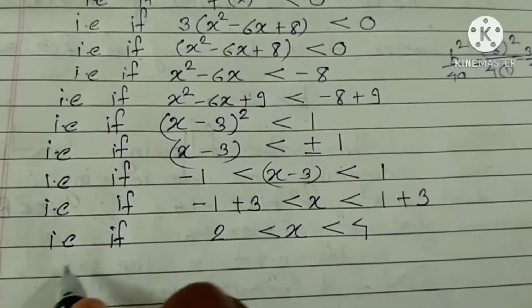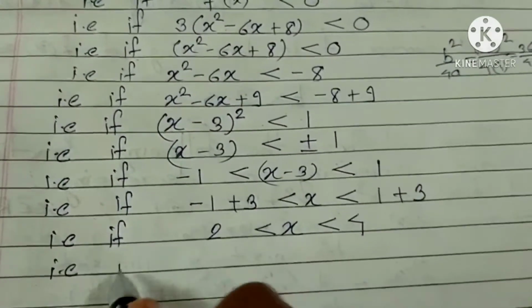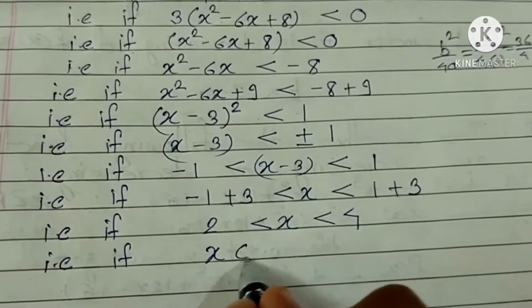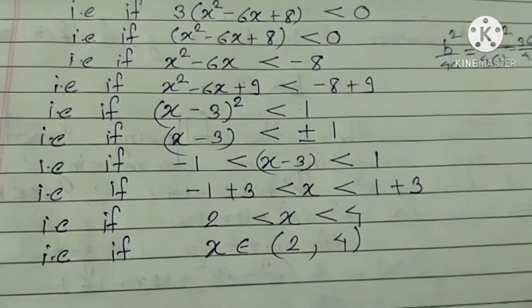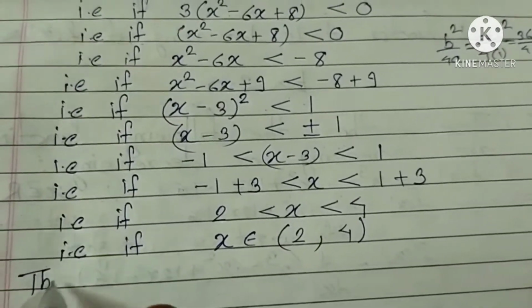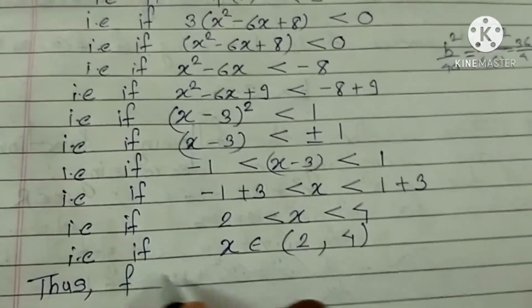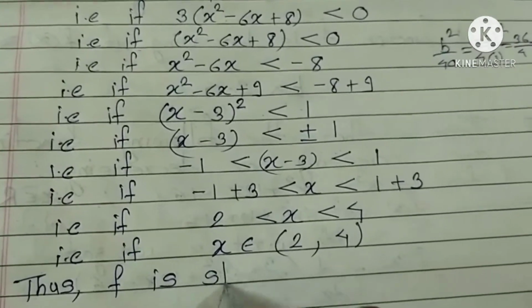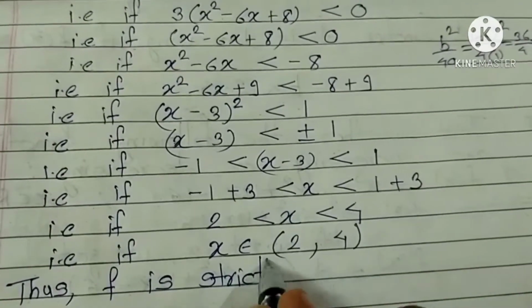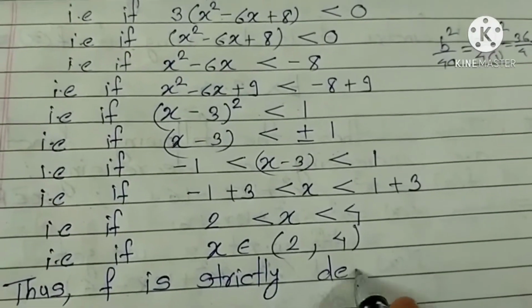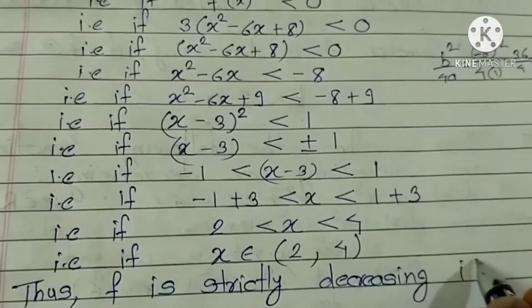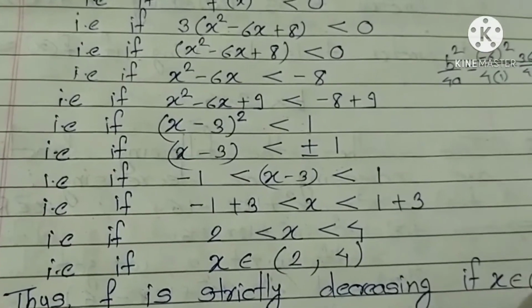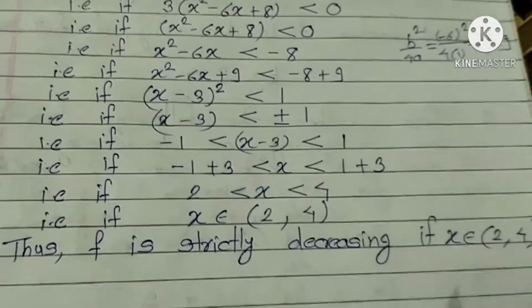So x belongs to the open interval (2, 4), and thus f is strictly decreasing if x belongs to (2, 4).